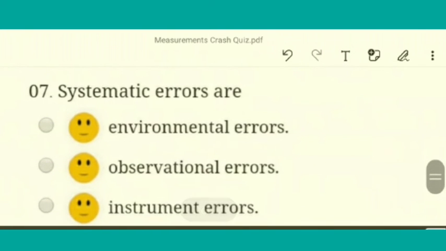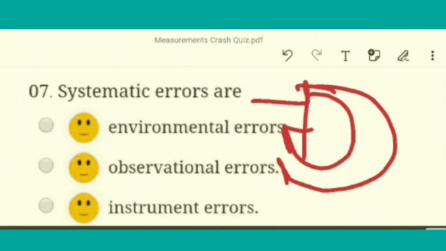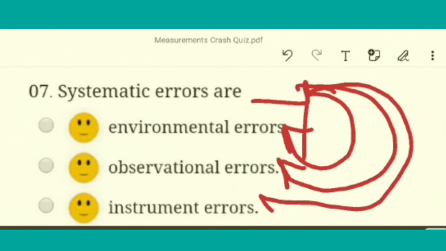Now moving towards our next question. Our next question is, systematic errors are. It's a very simple question. We all know that systematic errors have three parts: environmental error, observational error, and instrumental error. Systematic errors are common for all observers. We should know this also.